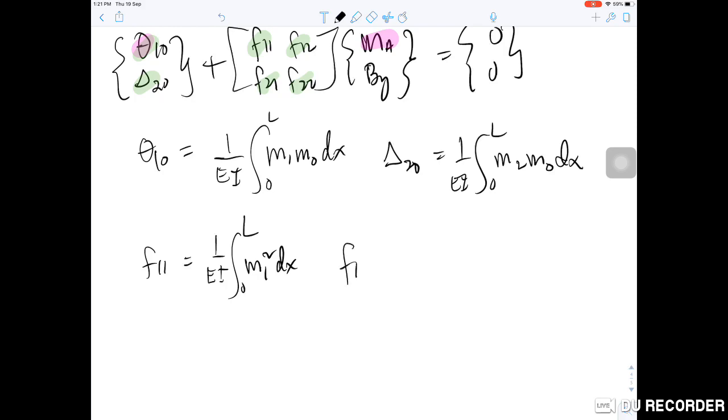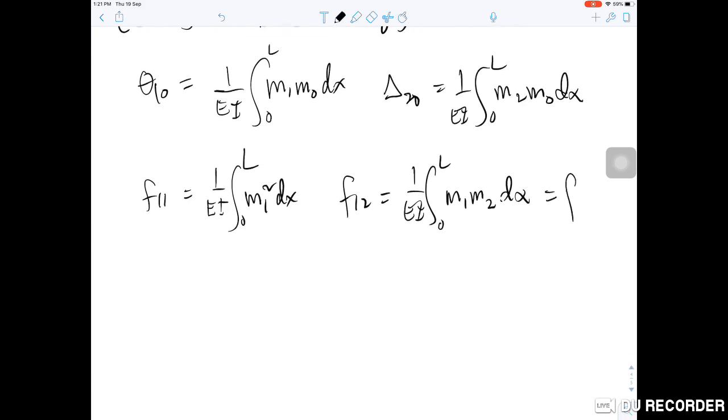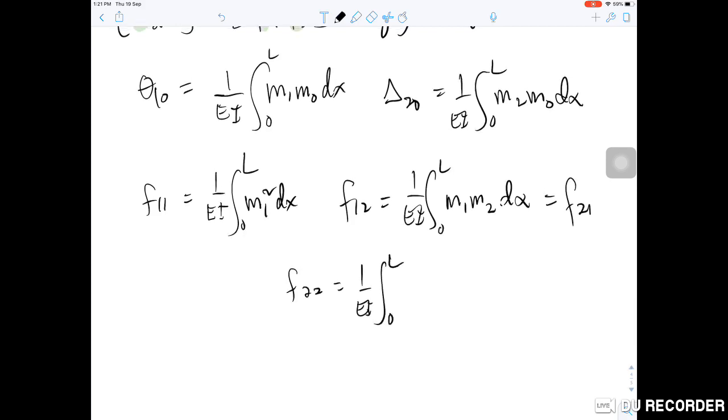F12 is equal to 1 over EI from 0 to L, M1 times M2 dx, and it is equal to F21. And the last one, F22, is equal to 1 over EI from 0 to L, M2 squared dx.